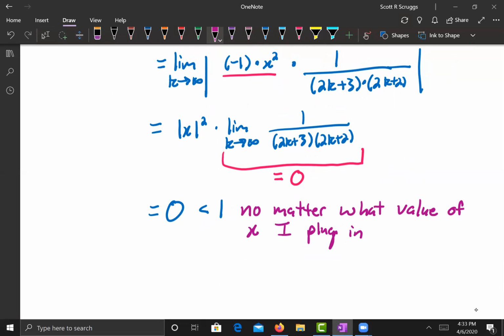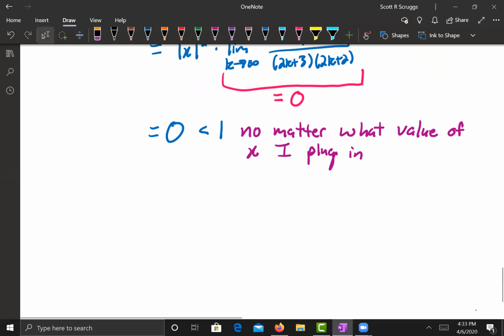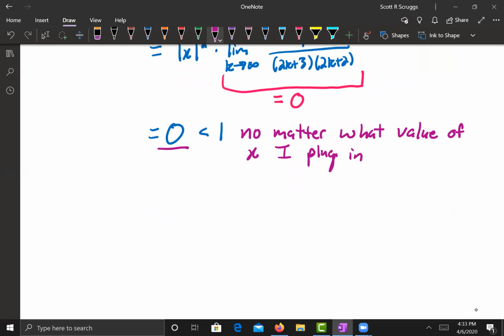Typically what we had before was an absolute value of x or something, and we used that to form our radius and interval of convergence. But here I don't have an interval for the absolute value of x that I could form anymore. Oop. I now just have 0, which will always be less than 1.